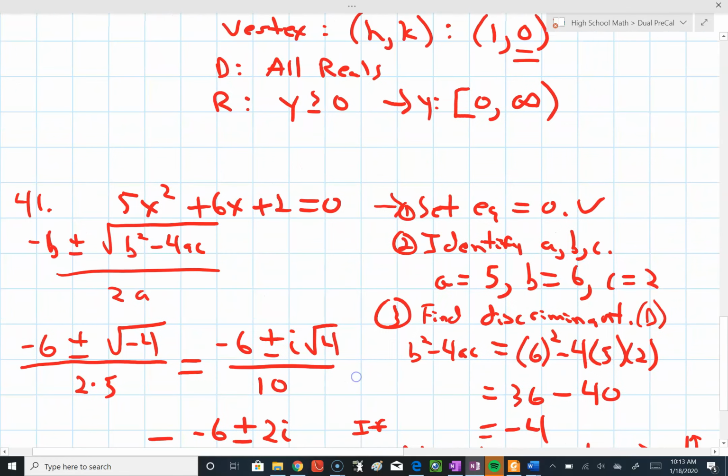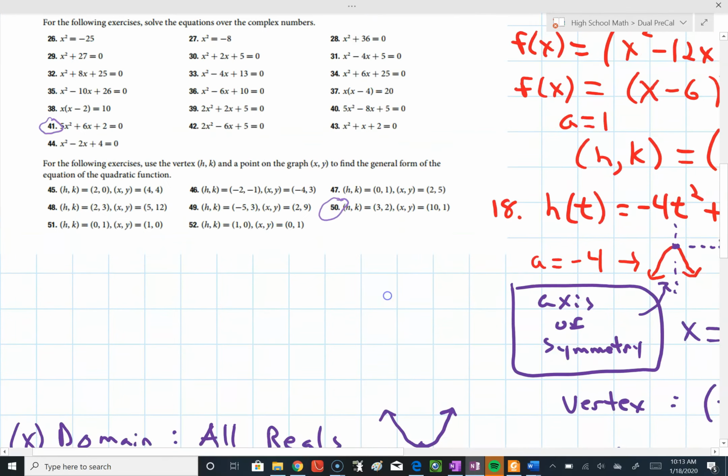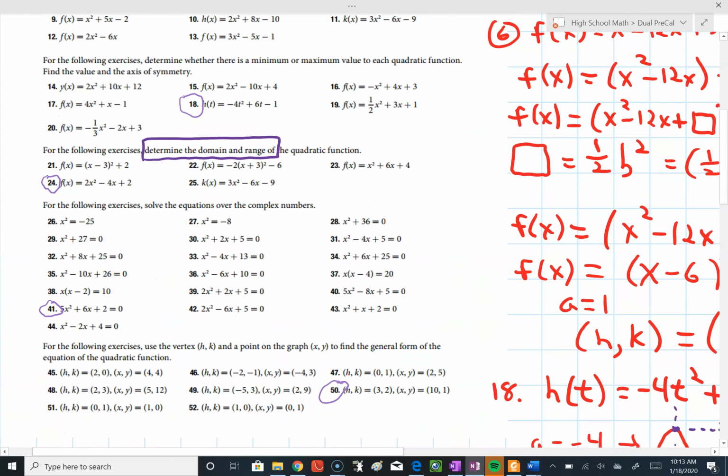That's 41. Lastly, I'll do number 50. It says, find the general form of the equation of the quadratic function. By general form, we mean the ax squared plus bx plus c form.